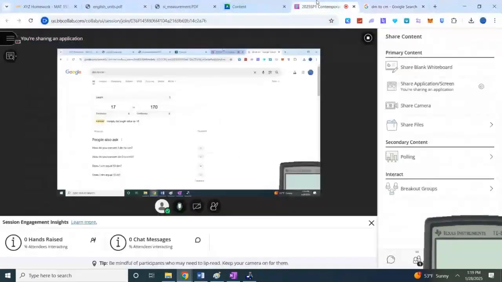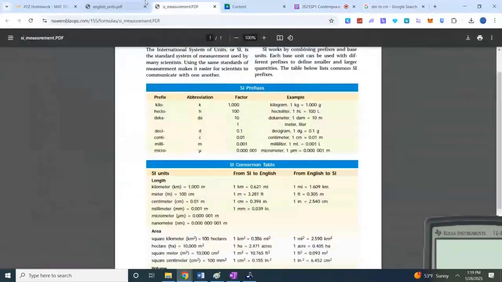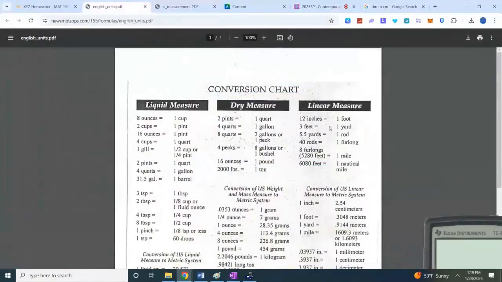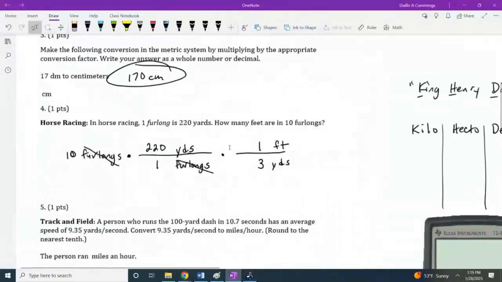This is a common conversion. If I go back to the English measurements, right, 1 yard is 3 feet. So when I wrote out that unit fraction, I put yards in the denominator because when we cross cancel, the yards are going to cancel. And now I'm left with only feet.